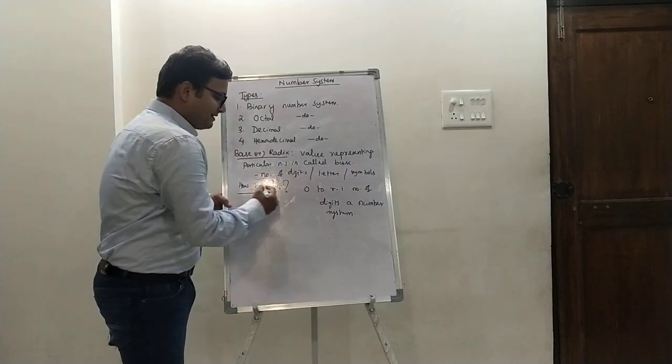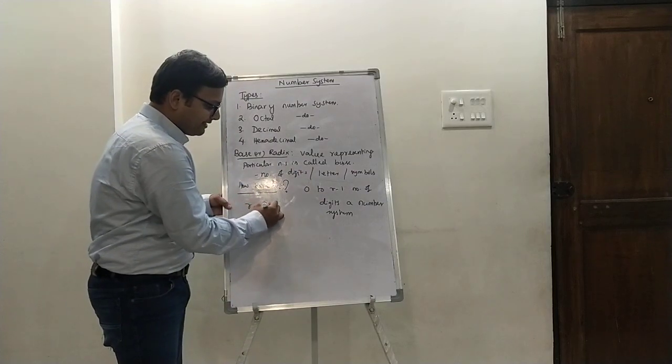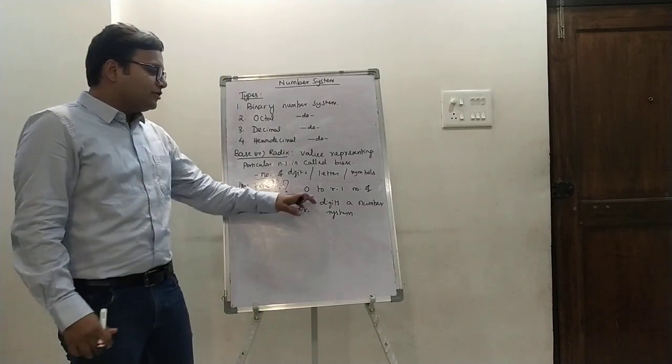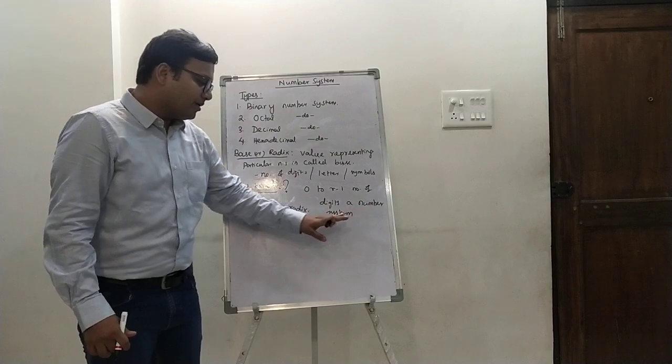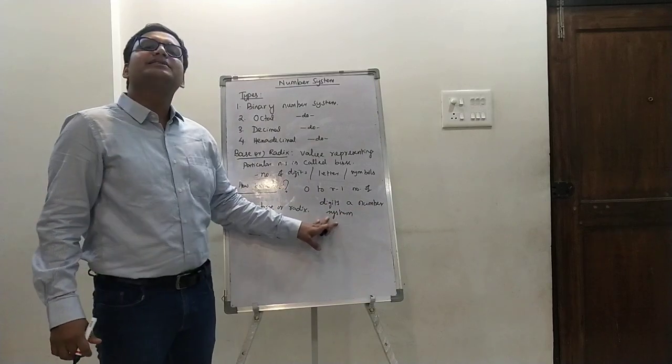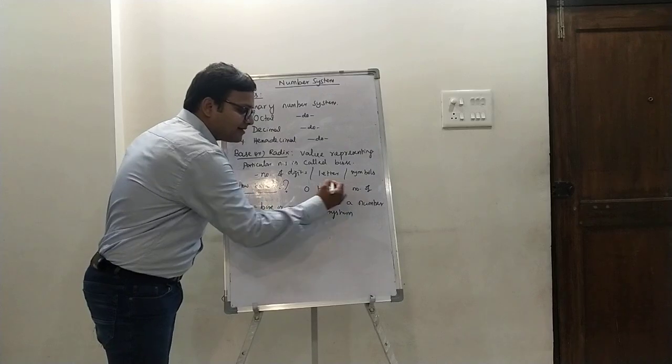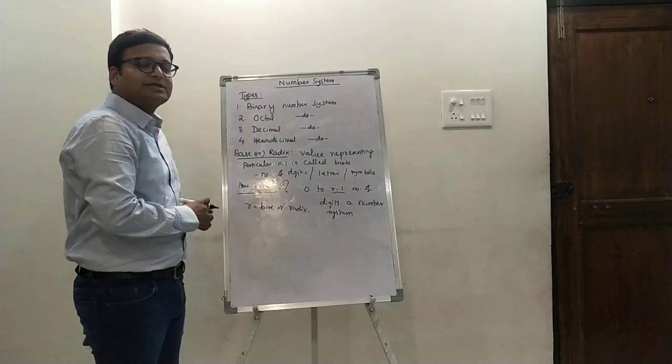Here r is known as the base or radix. A particular number system carries 0 to r minus 1 digits or numbers. The maximum digit a particular number system carries is r minus 1.